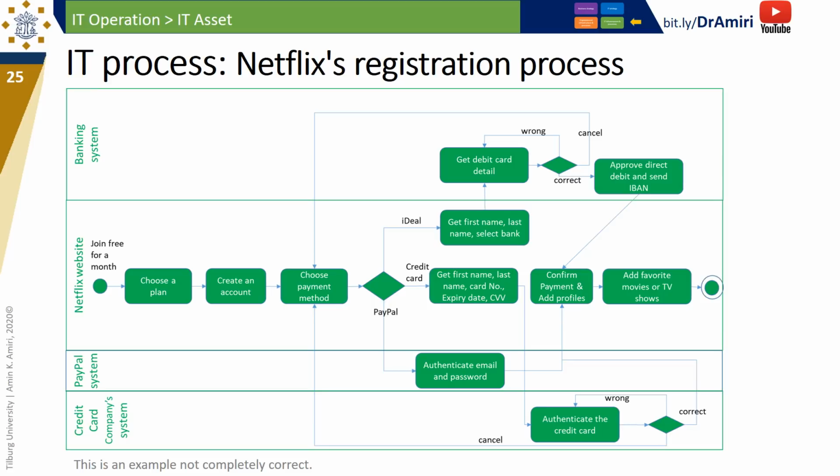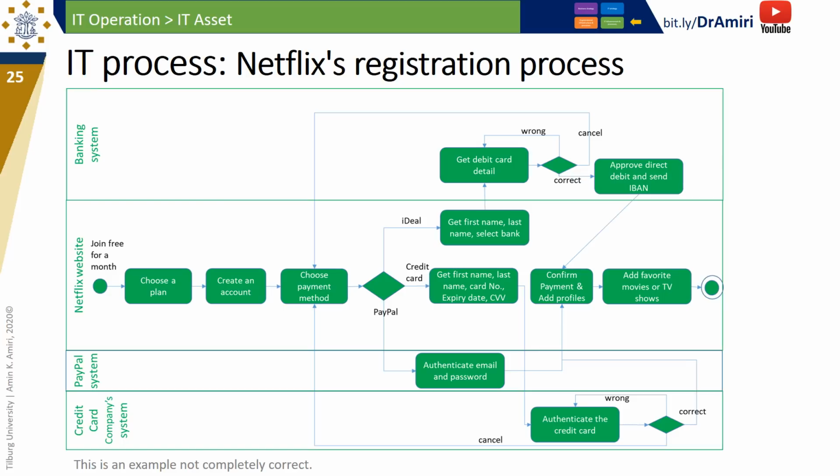Based on the payment method that you selected, you will be taken to other systems, either a banking system or the PayPal system or a credit card company's system. So you provide your financial information, and then after that, the payment is confirmed and you need to add a profile, and then you need to add your favorite movies.